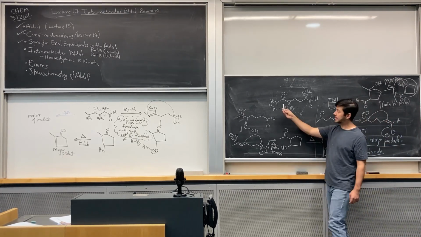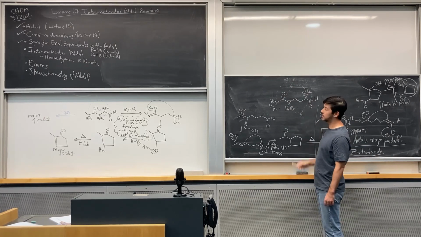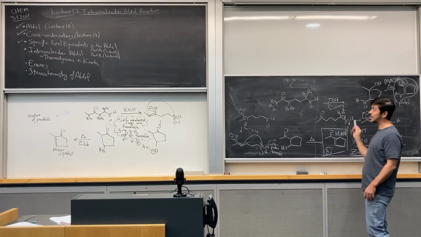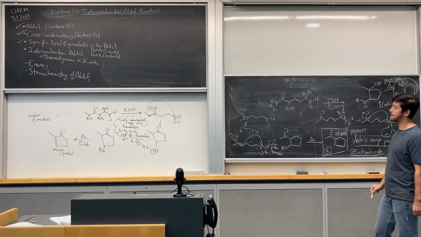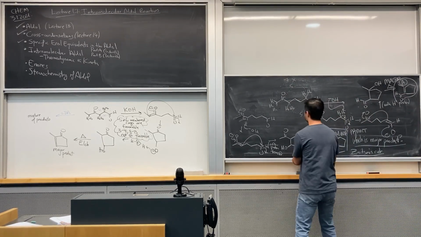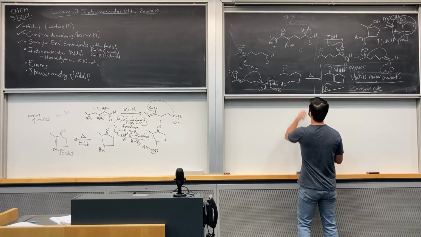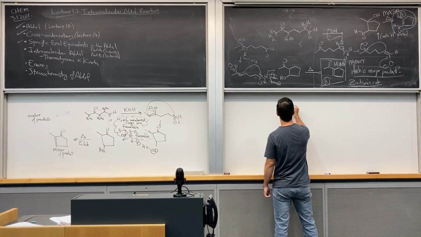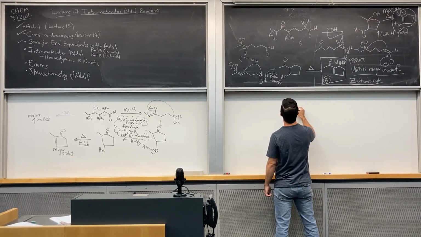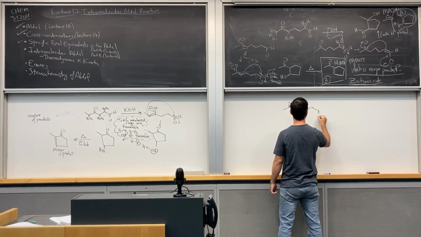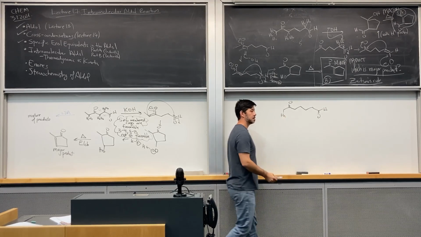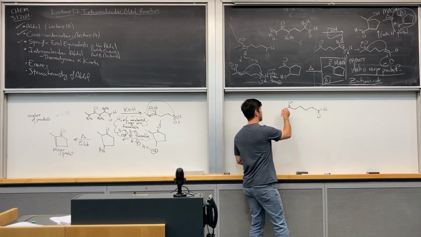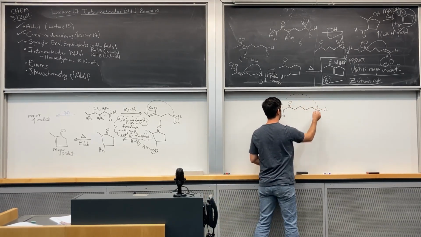Now lastly, we didn't concern ourselves with the 7-membered ring, right? But if we did want to make that 7-membered ring product, how would we do that? If we want to look at HC, imagine a scenario like that.